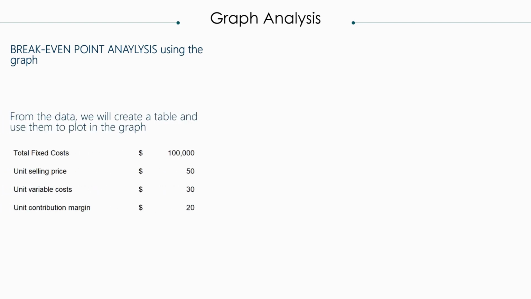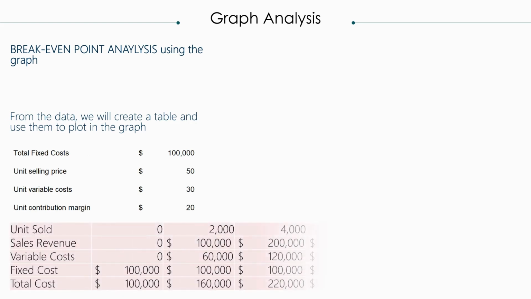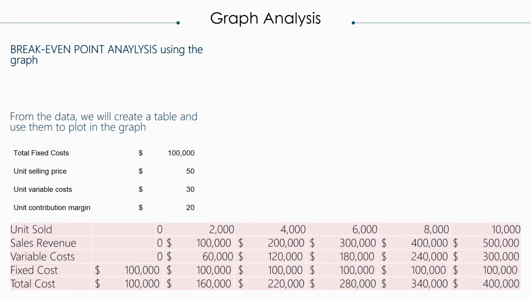So from the data, we will create a table to use for plotting in the graph. What we will do is just multiply the units sold by the unit selling price. In this example, we will divide it into every 2,000 units sold.